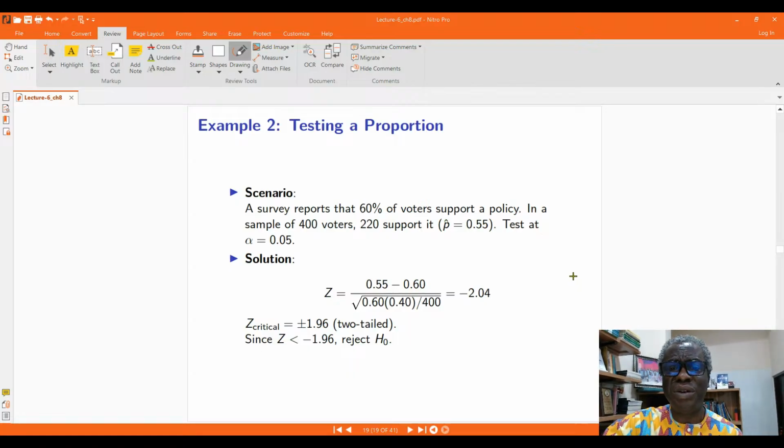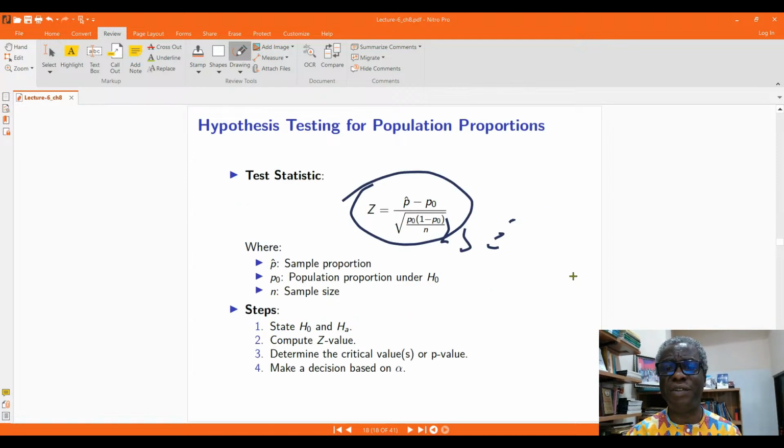So we can now compute the Z based on the formula that we have here.